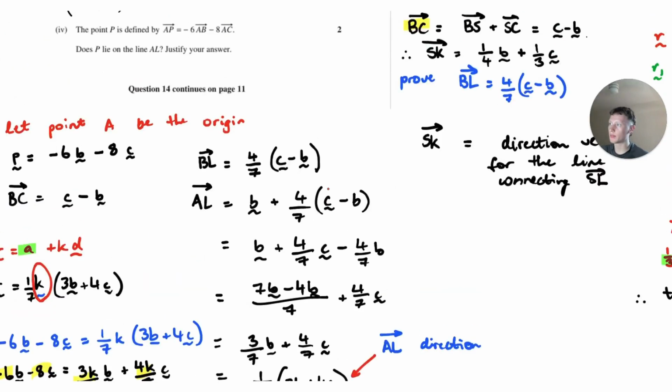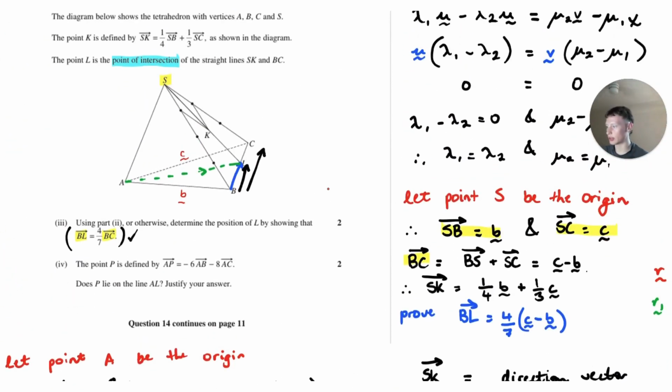What is interesting though, and I'm not sure what the answer is here. The point AP is a scalar multiple of the line AL. So if by the line AL, they mean the vector equation of that line, which can have continuous values due to a scalar multiple, then yes, it does lie on the line.